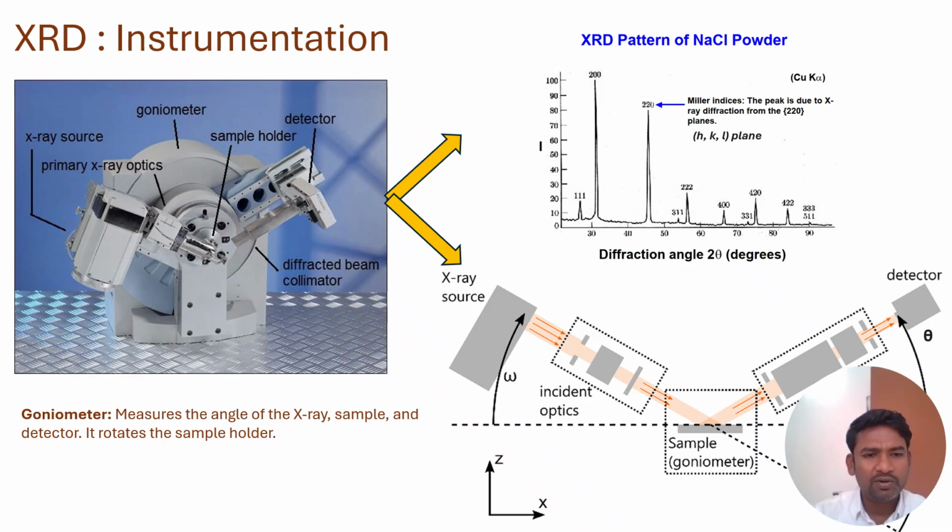In this instrumentation part, the role of the goniometer is very important. This goniometer measures the angle of the X-ray, sample and detector. So when the X-ray strikes a sample and reaches the detector, the angle will be the 2 theta value, right?